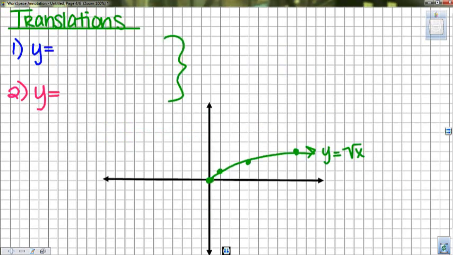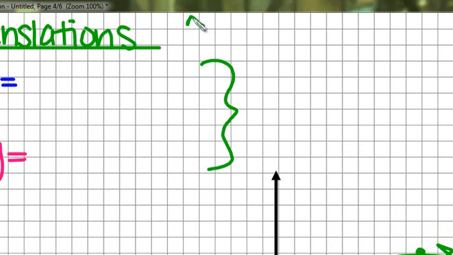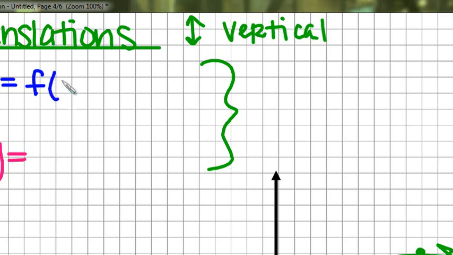All right, next up is translations. Okay, translation is a slide. We're actually going to look at 4 translations. Here, the first ones we're going to look at are translations up and down. Okay, so vertical translations happen when you are adding or subtracting on the outside.